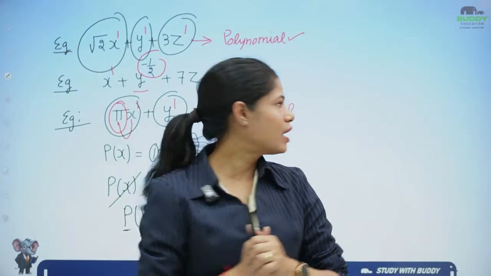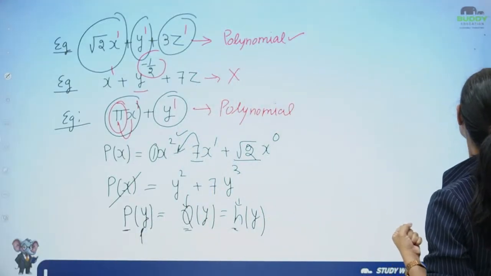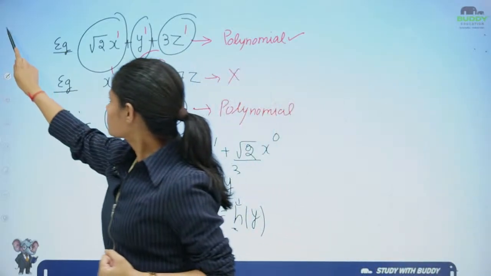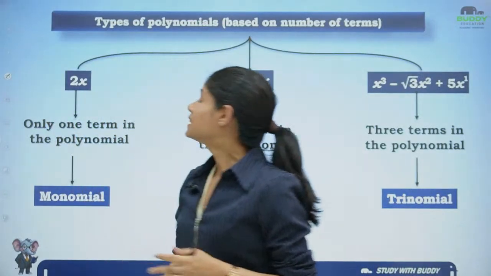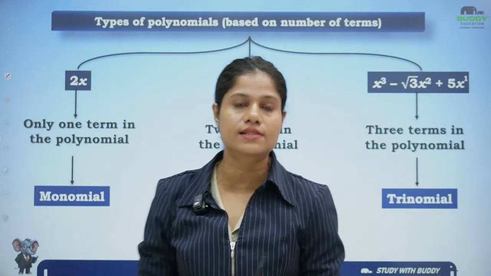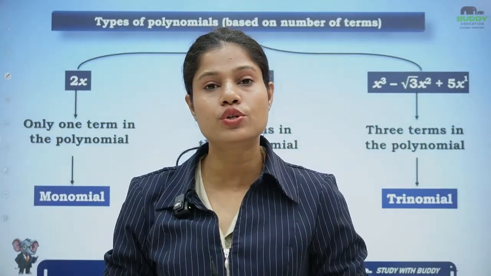All right, now let's come to the next topic, which is the types of polynomials. When you want to categorize a polynomial, you have to use two pillars.